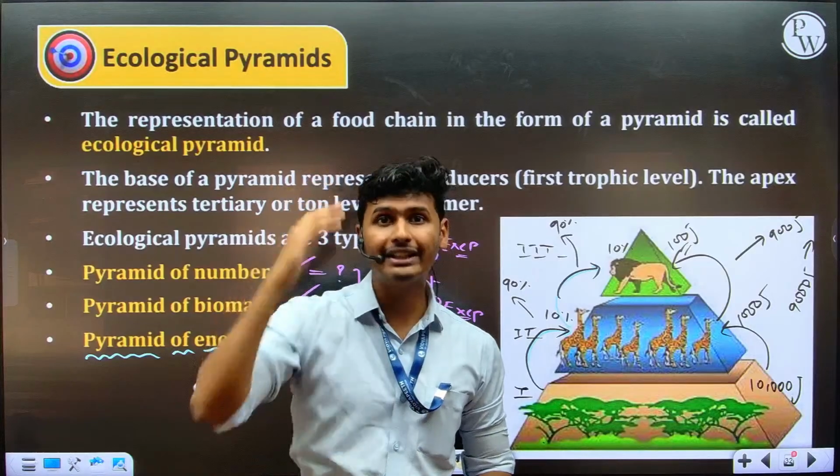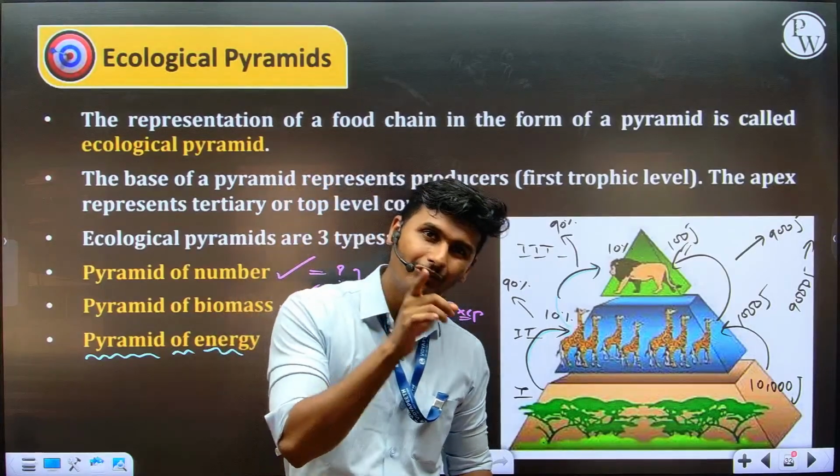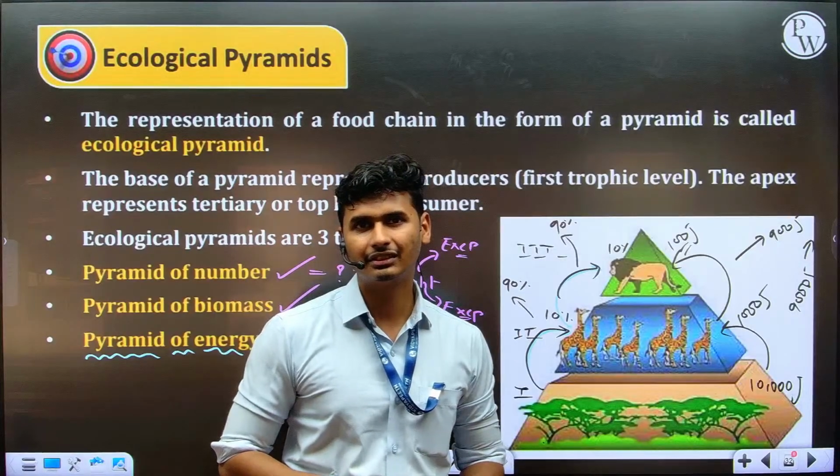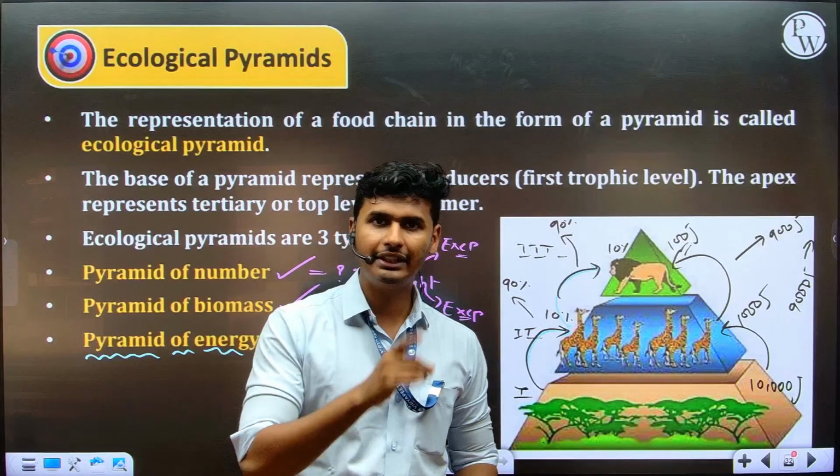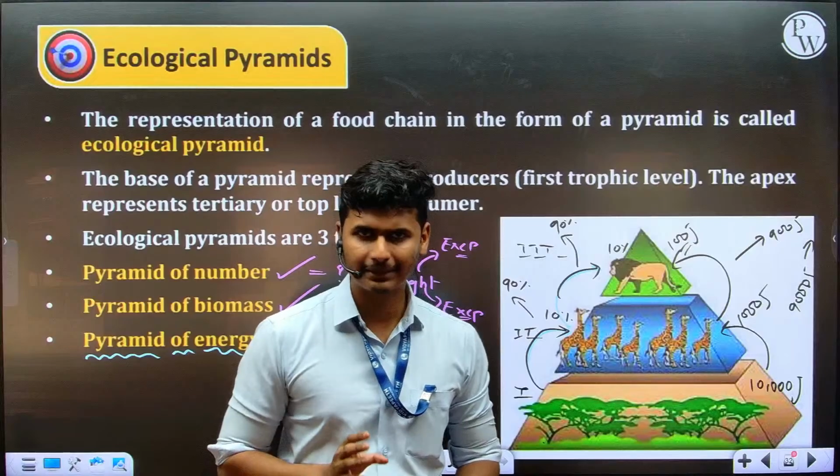This flow is going inverted. So the pyramid of number is also inverted in some specific examples.